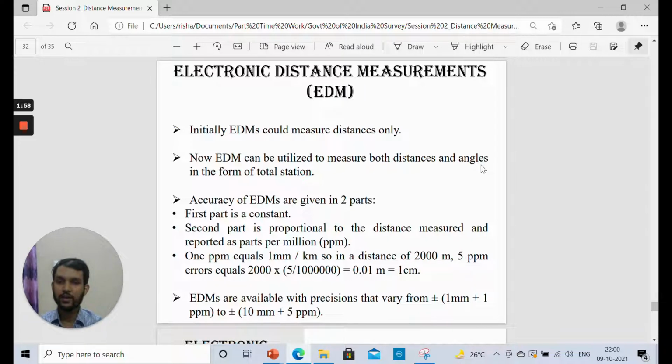So it is directly proportional to the distance we are measuring, and it gives us the error that we will make for each distance measured. It is given as parts per million.